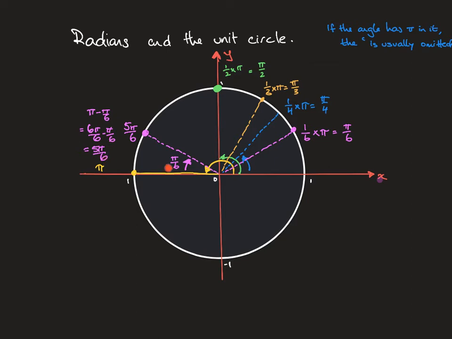And that's the same if we come back around pi on 4 to here. If we come back around pi on 4, we'll end up here. And so this angle will be pi minus pi on 4, which is going to be 3 pi on 4, or 3/4 of pi. And the same with pi on 3.